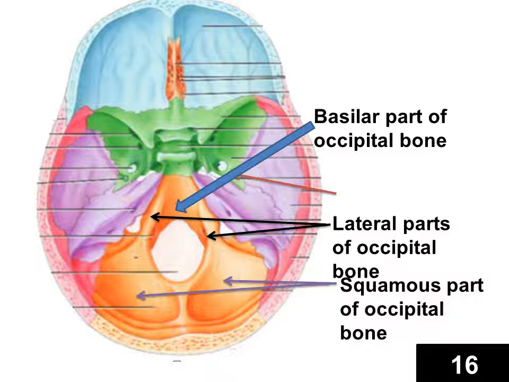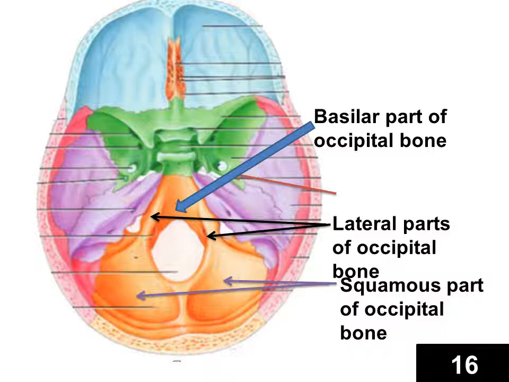On each side of the foramen magnum هذا lateral part أو يسموه condylar part نسبة إلى الoccipital condyle. و posterior to it we have the squamous part واللي هو أكبر الكل. لو اطلعتوا على squamous part it is divided by internal occipital crest.